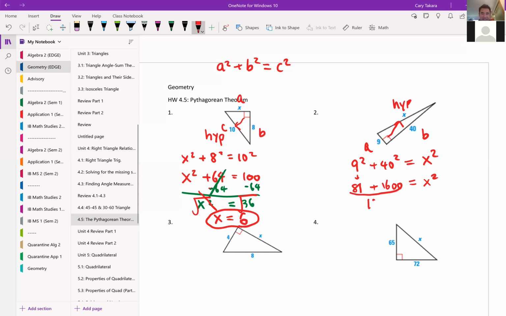So it's 1681 equals X squared. And now you take the square root. That cancels out. So X equals square root of 1681. What is that? 41. Very good. Thank you, Logan. X equals 41.